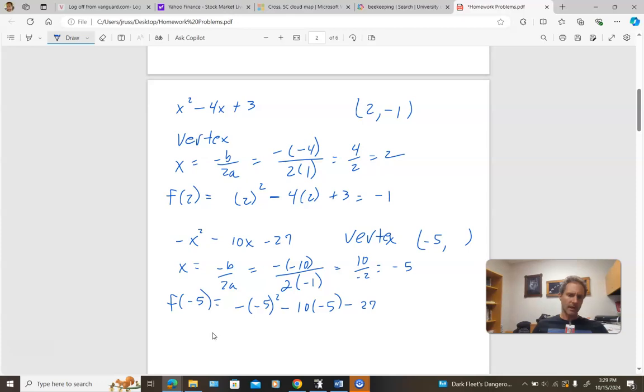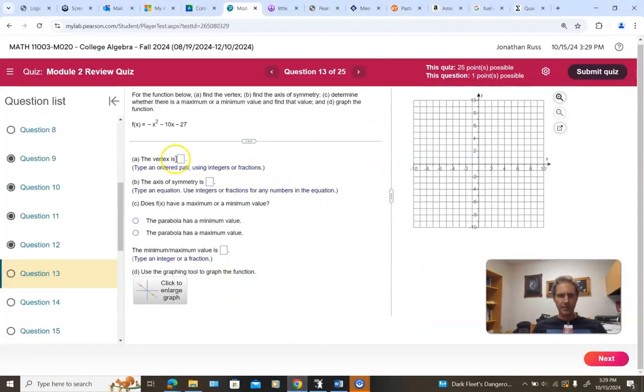If you do all this math, I think this is going to become a -25. That'll become a +50. It'll be 25 minus 27, I believe, will be a -2. So I think those are the coordinates of my vertex, -5, -2. So I'm going to type that in.